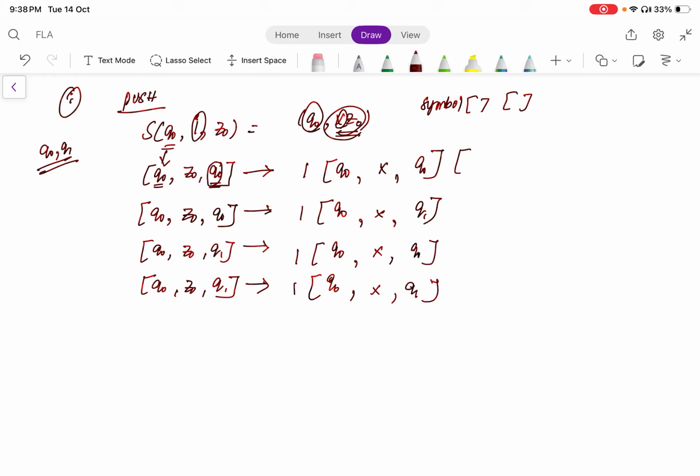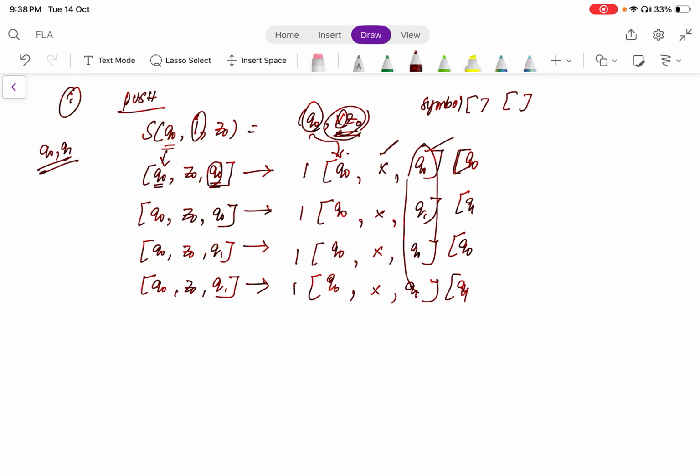Then in the second tuple, you copy paste whatever you have written here, that is q0, q1 alternatively. Make sure you remember all these steps. Here the given state is on the right side, this one is your first stack symbol, and this one is q0, q1 alternatively.